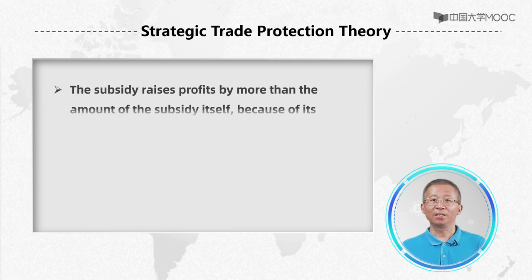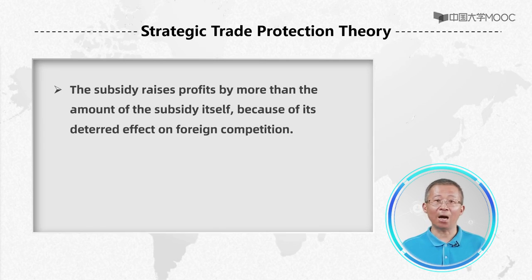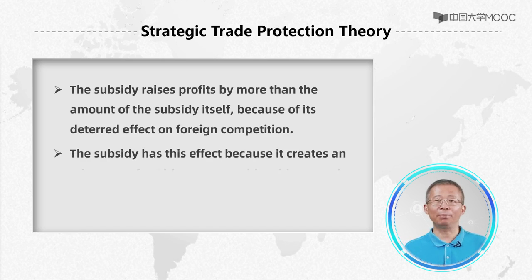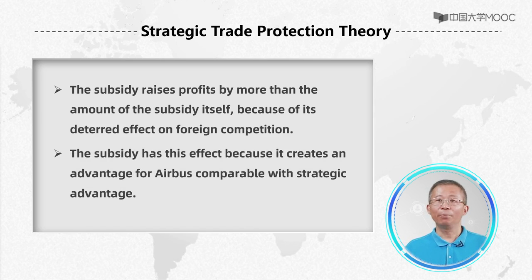That is, the subsidy raises profits by more than the amount of the subsidy itself because of its deterrent effect on foreign competition. The subsidy has this effect because it creates an advantage for Airbus comparable with strategic advantage.